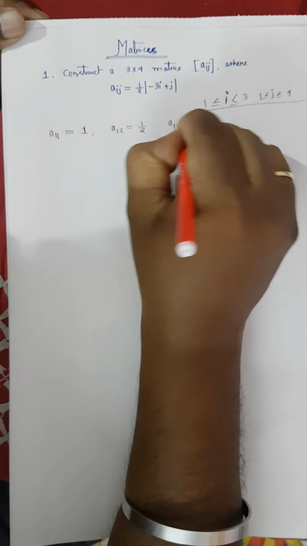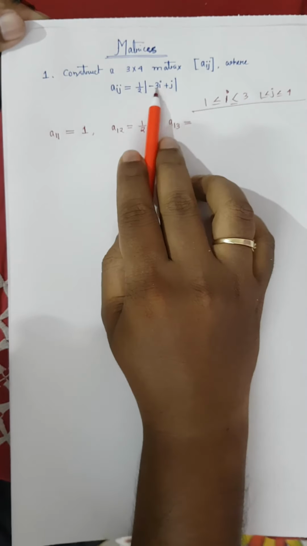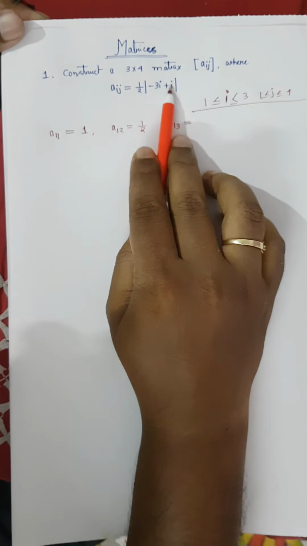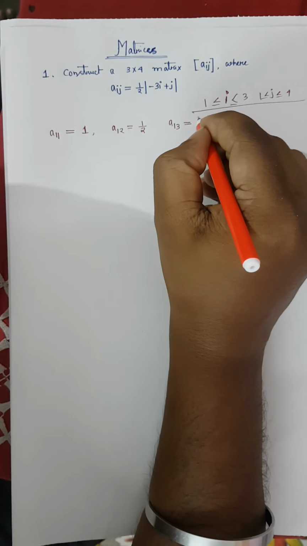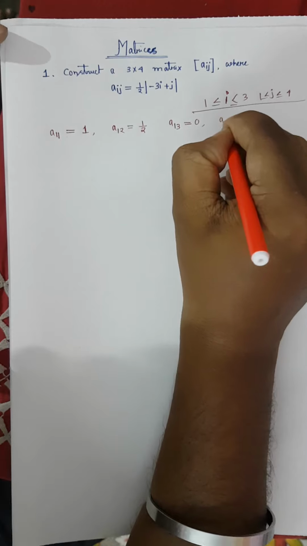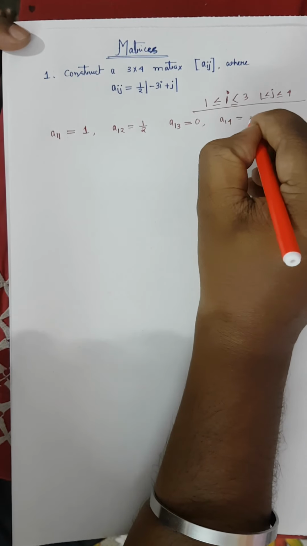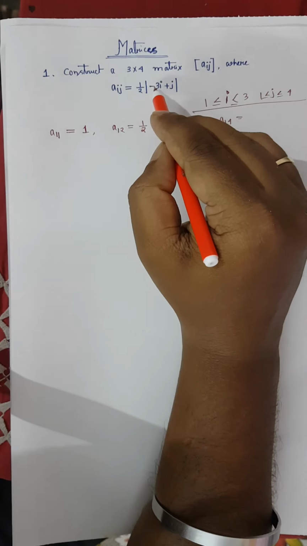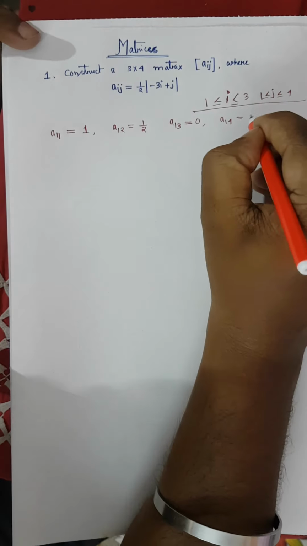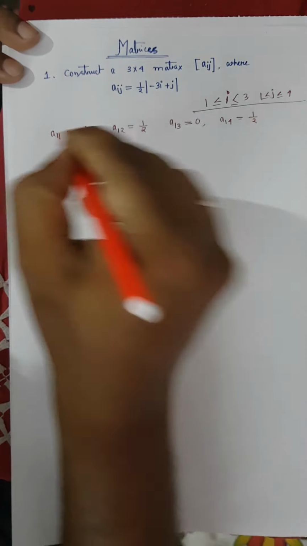Find a13, put i equal to 1, j equal to 3, minus 3 plus 3 is 0, mod 0, 0 by 2 is 0. a14, the element of first row and fourth column, put i equal to 1, j equal to 4, minus 3 plus 4 is 1, take mod, half.